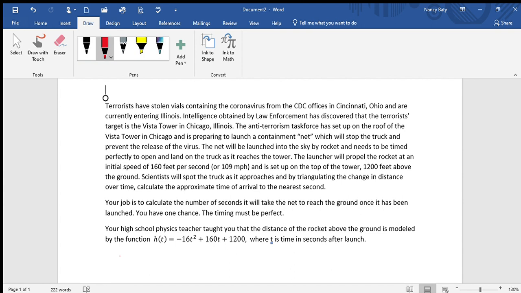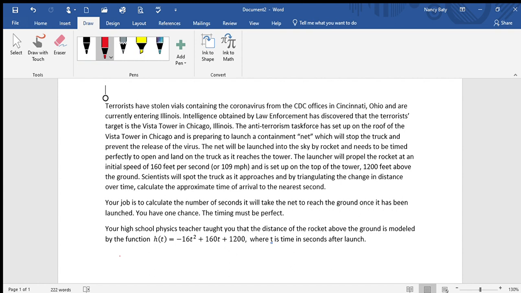Now, of course, there's lots of math involved in figuring out exactly when that truck will get to the tower. But your job is to figure out how long it will take the rocket to reach the ground so that the net can be released and capture the truck at precisely the moment the truck arrives at the tower.